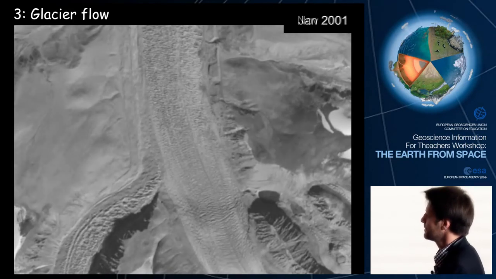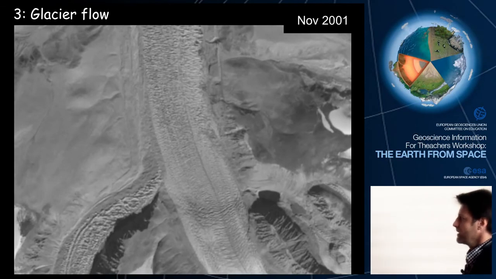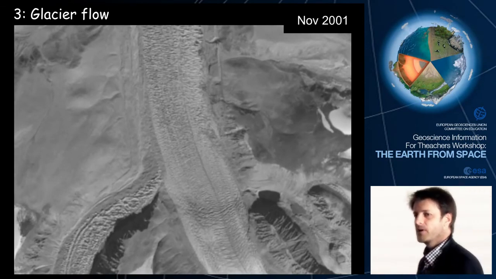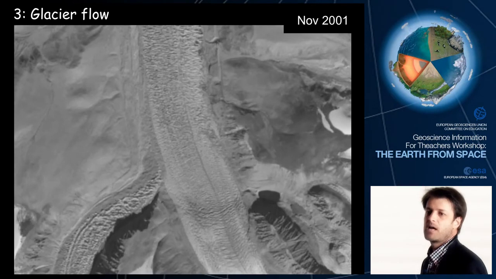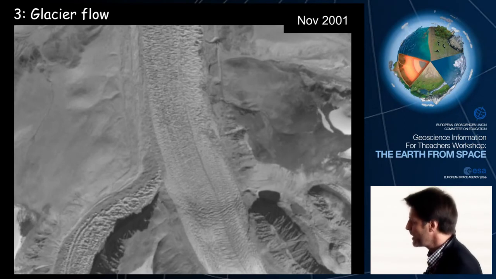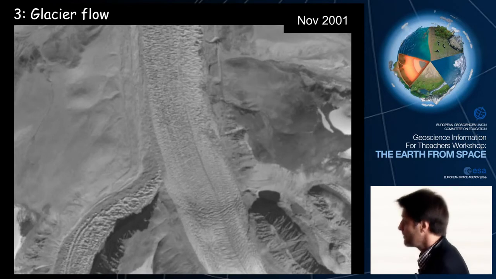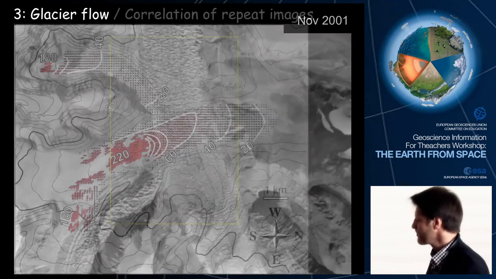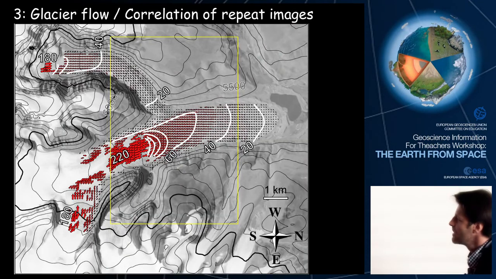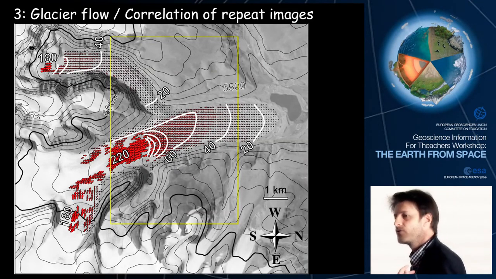This is the first one, second one. And you can see the glacier flow, but using image correlation methods, algorithms can really check point by point, and measure where the corresponding crevasse is in the other image. And doing that, you get so-called flow fields of glaciers.